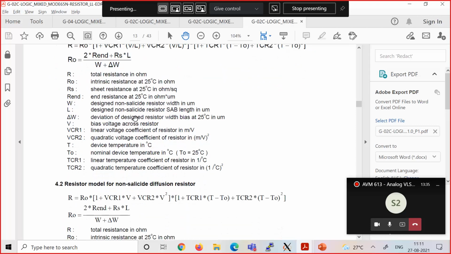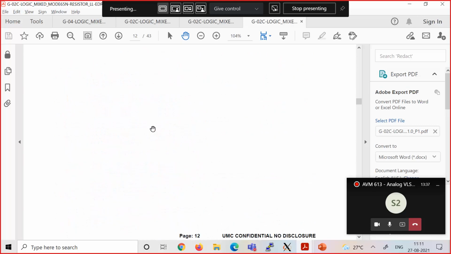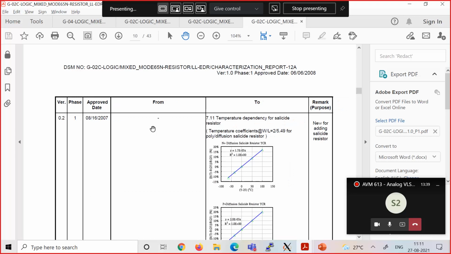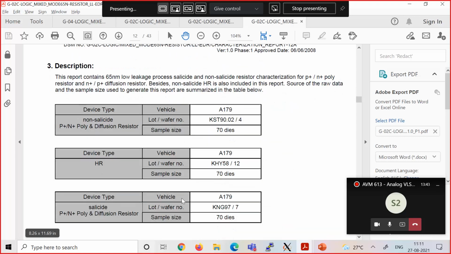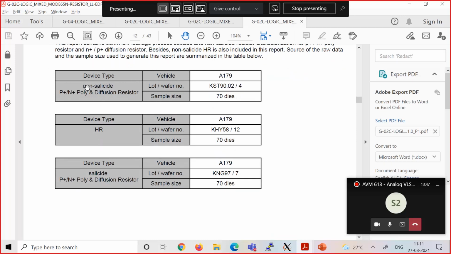Now, there are different types of resistors. In this particular process, they offer different types such as non-salicide, P plus or N plus poly, and diffusion resistors. That is to say, you can use the poly material.